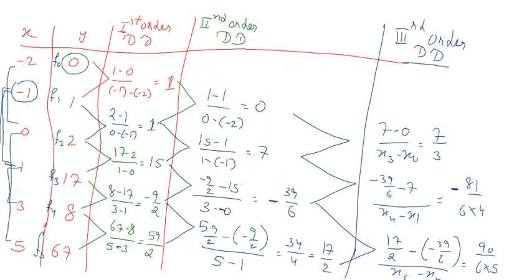For the third entry, you have x4 minus x2. And for the fourth entry, you have x5 minus x3. Right? Okay. For the third order divided difference, you have skipped 2 in between. So you have 1 minus minus 2, and then you have 3 minus minus 1, and then you have 5 minus 0.